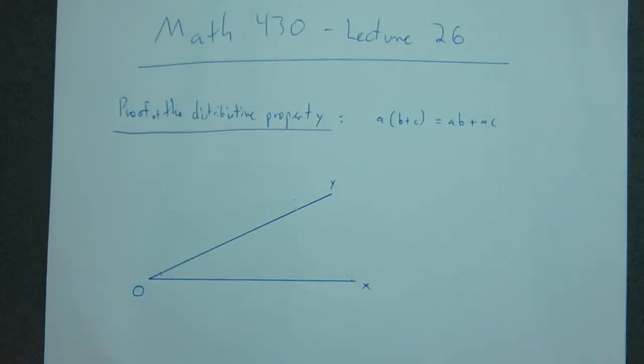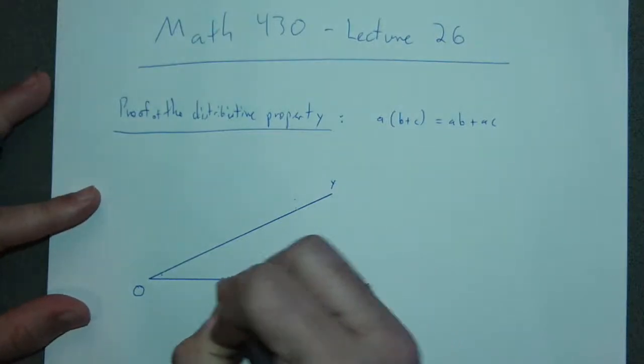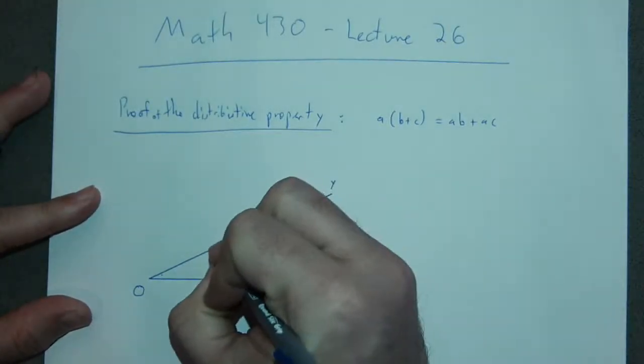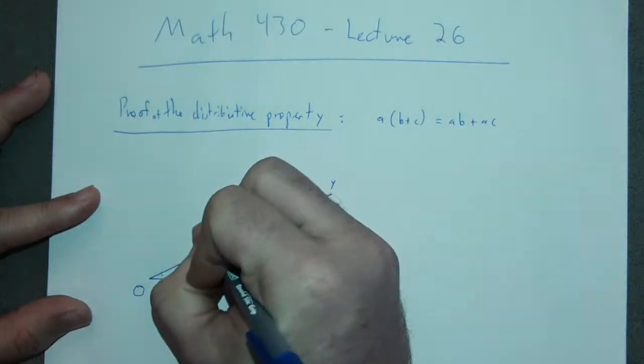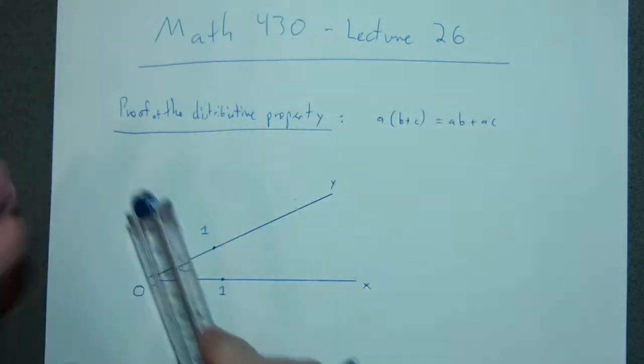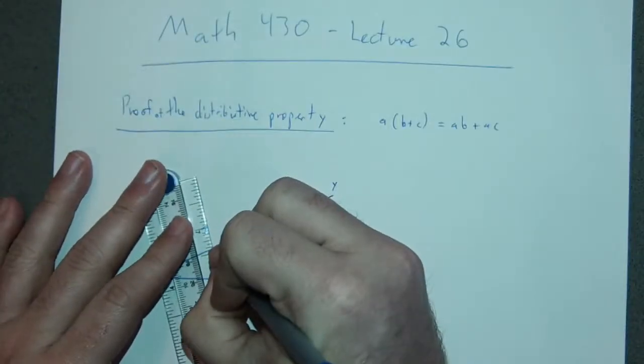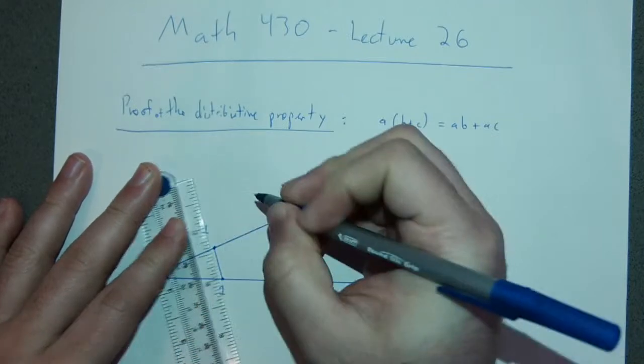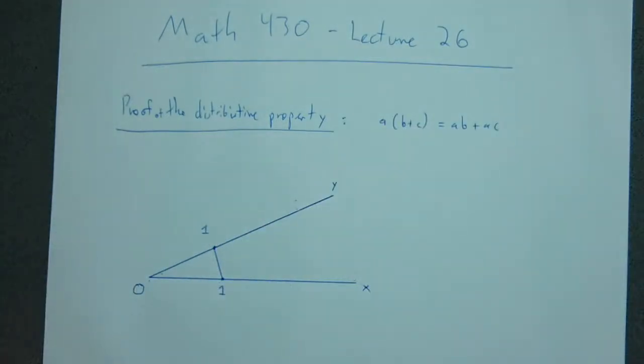So here I choose ones on the x-axis and y-axis, so there they are. I draw the correspondence line between ones like I always do. And this is how I start any problem of multiplication.